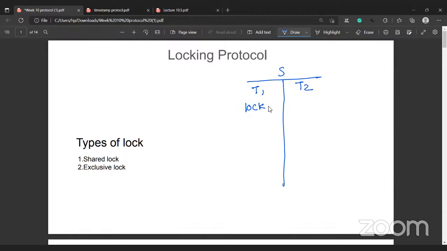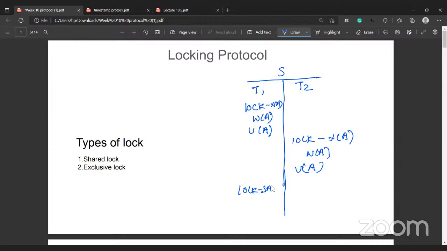Suppose transaction T1 performs a write operation on data item A. So write A, then unlock A. Suppose transaction T2 performs a write operation: lock X A and write A, then unlock A. And transaction T1 wants to perform a read operation on data item A. Read A, then unlock. So does this follow the locking protocol?